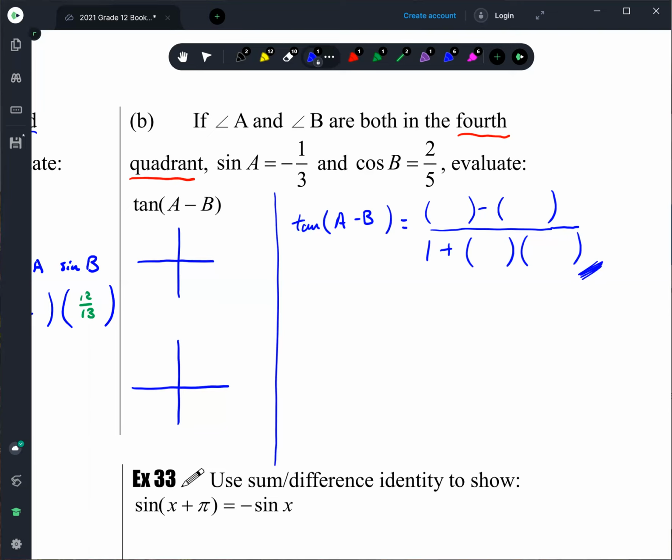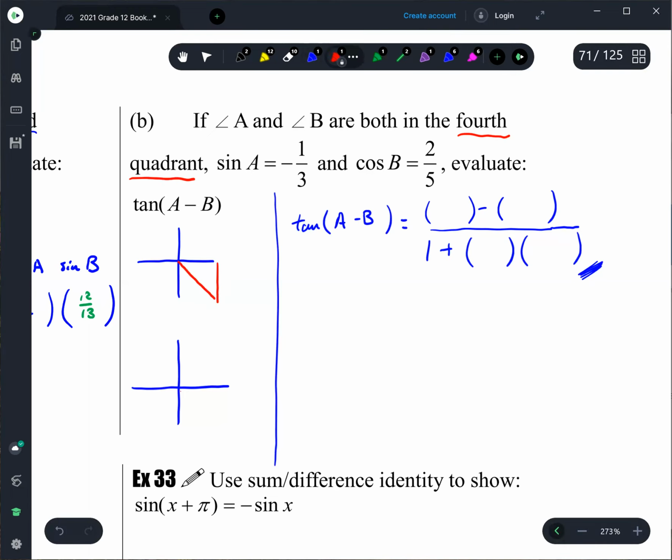Actually, tangent is negative there, right? So all the ratios, remember, are negative. Only cosine is positive there. Fourth quadrant.